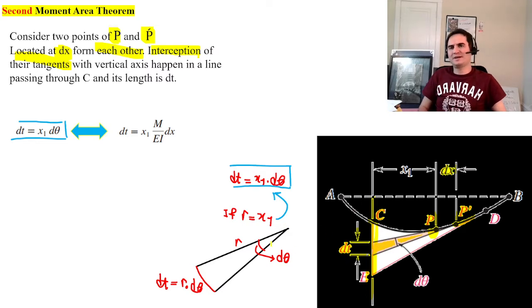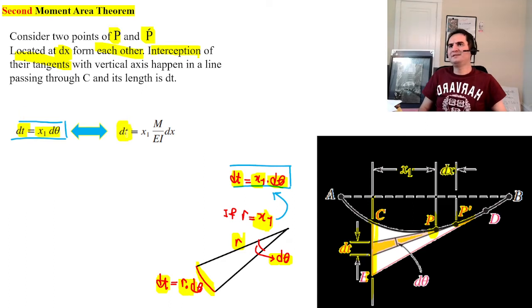If you look at a part of a circle with angle d theta, and assume our radius is x1, then dt, the length of the arc, is r times d theta, so dt is equal to x1 d theta.